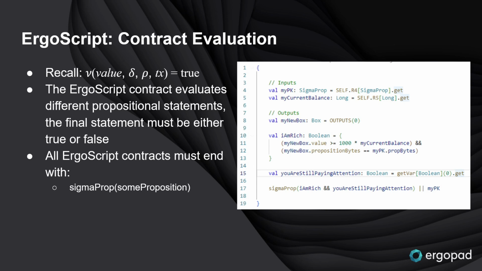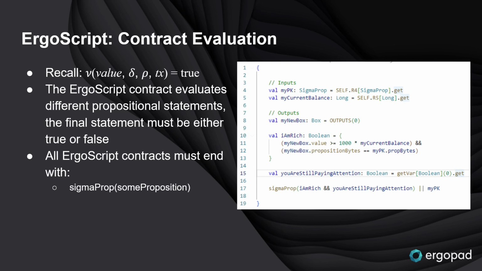Otherwise, if you are not rich and you are not paying attention, you are still able to access the funds in this box, nonetheless. And so, like I said before, you can think of the contract as just a bunch of propositions that must evaluate to true or false. And this is literally what we have done. We have just written two propositions.